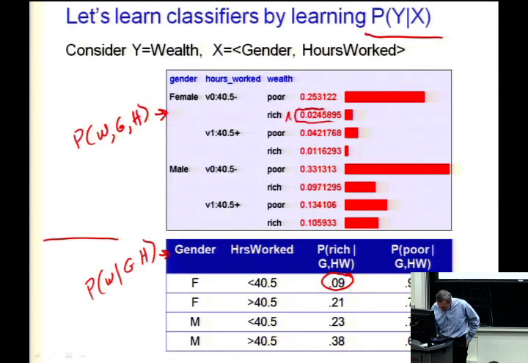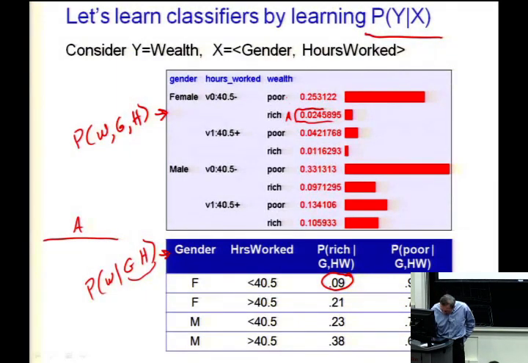Let's call that A. So that's gender is female, hours worked less than 40, and you're rich. And then we want to know how often that happens compared to the thing we're conditioning on, which in this case would be gender is female and hours worked is less than 40.